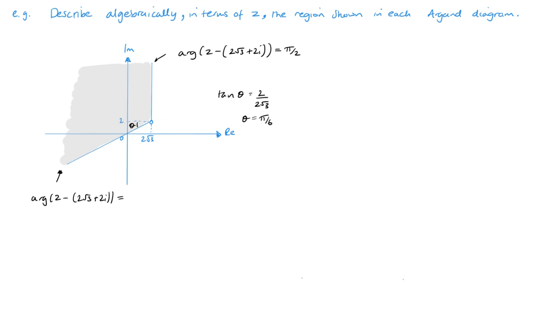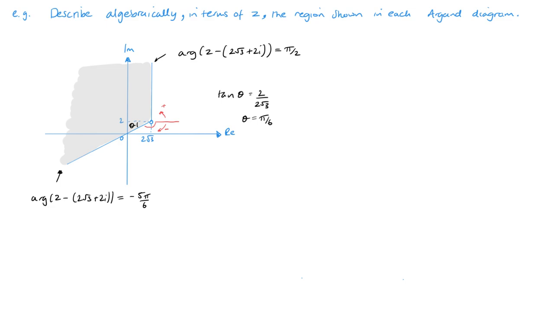I'll do this in red because this is the line we're measuring against. Positive is that way, and then these ones are negative because we measure between minus pi and plus pi. So the size of this angle here is going to be minus 5 pi by 6.